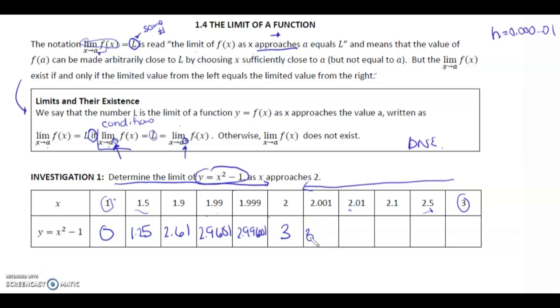Then we get 3.004001, 3.0401, 3.41, 5.25, and 8.